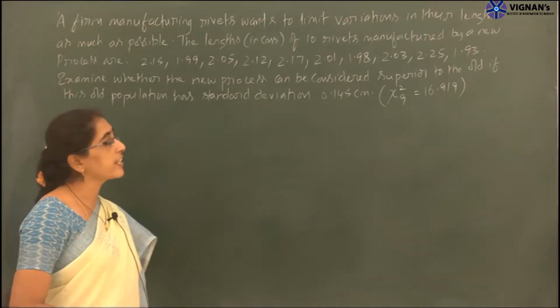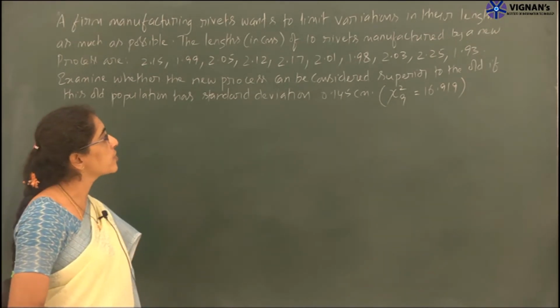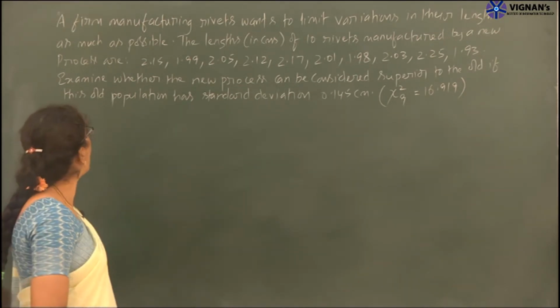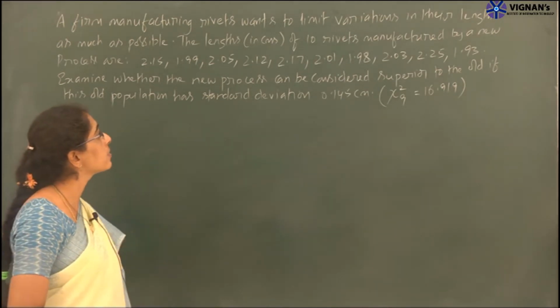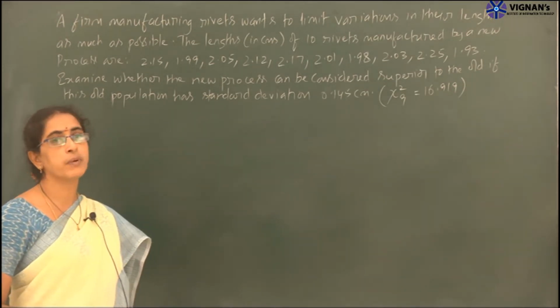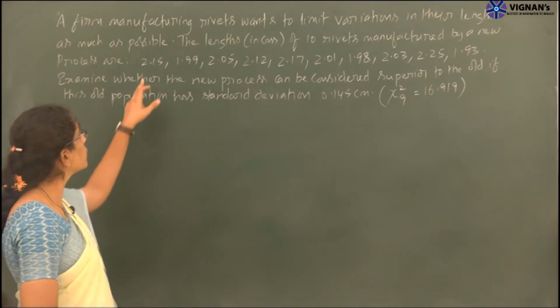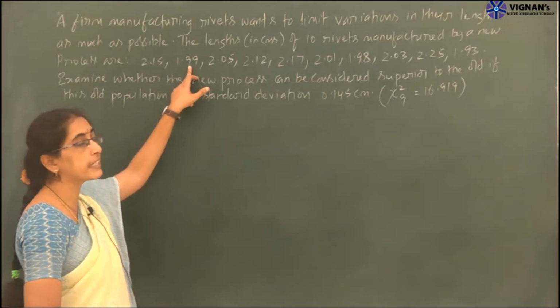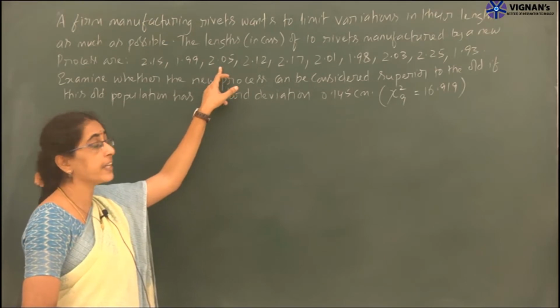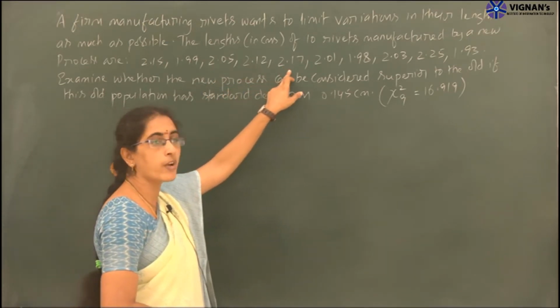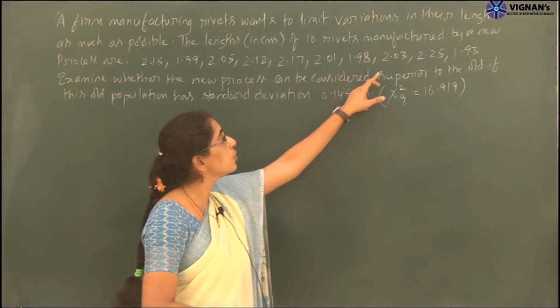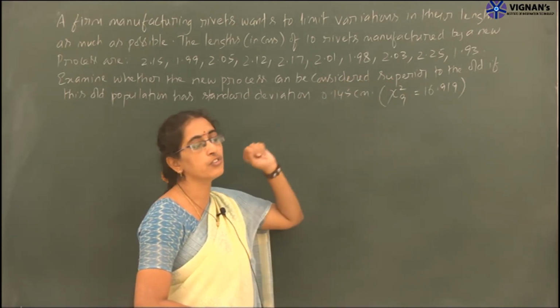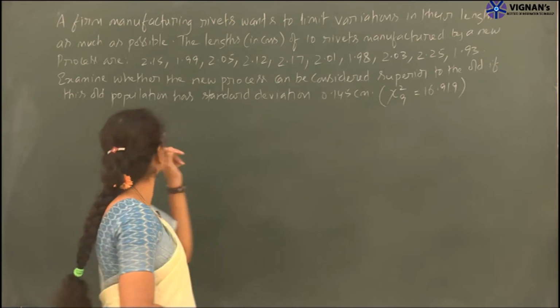A firm manufacturing rivets wants to limit variations in their length as much as possible. The lengths, which are measured in centimeters, of 10 rivets manufactured by a new process are 2.15, 1.99, 2.05, 2.12, 2.17, 2.01, 1.98, 2.03, 2.25 and 1.93.